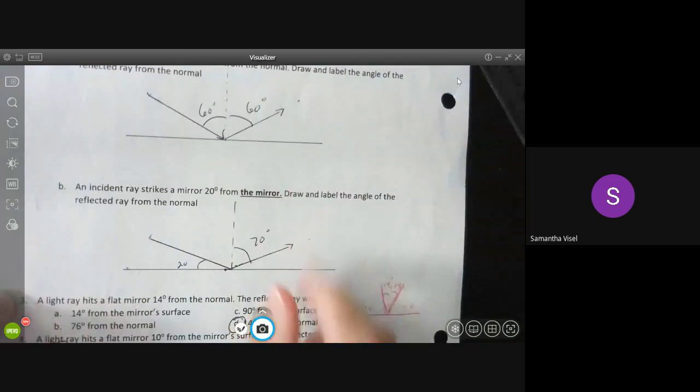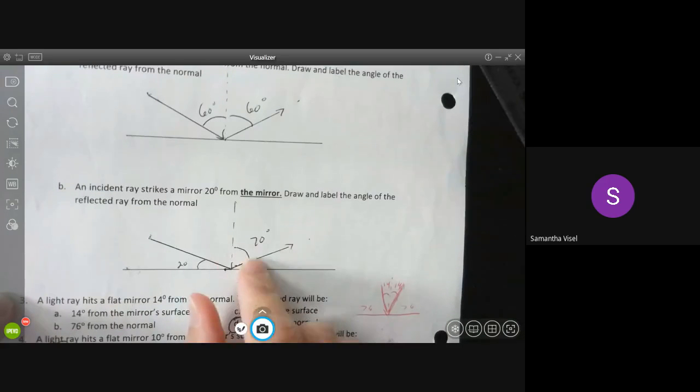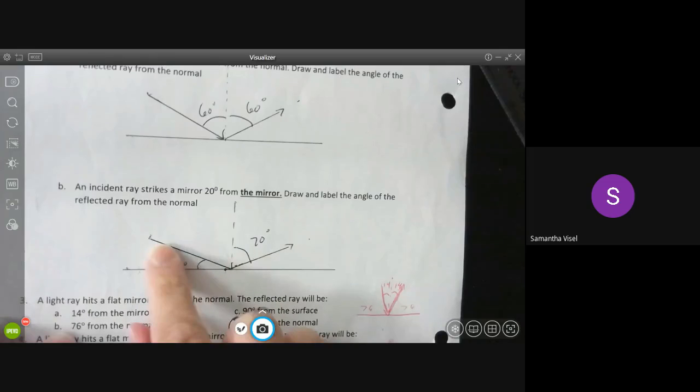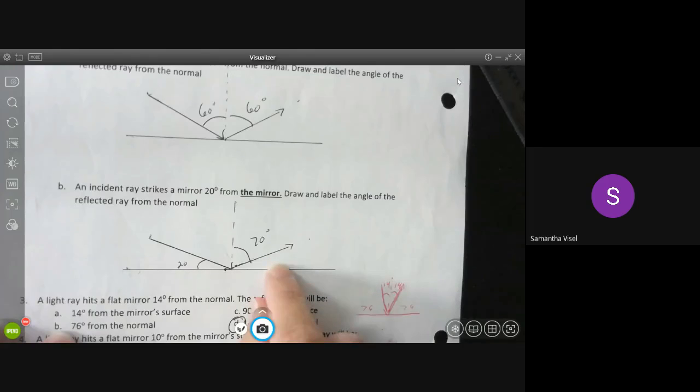Here I want to draw and label the angle of the reflected ray, so the angle of reflection for this problem. So I know if this strikes the mirror at an angle of 20 degrees, then it's going to reflect at an angle of 20 degrees from the mirror. And so what's left over here, my angle of reflection, should be 70 degrees.